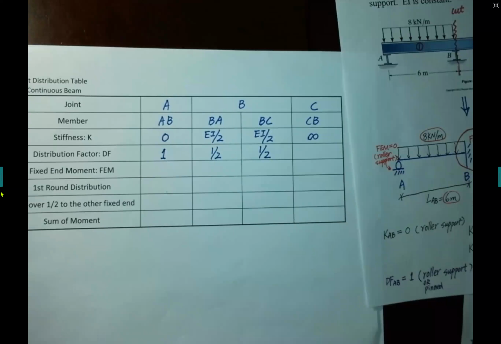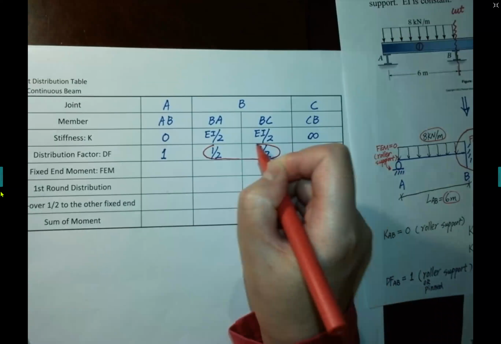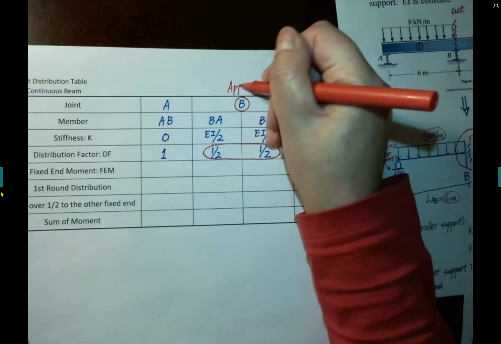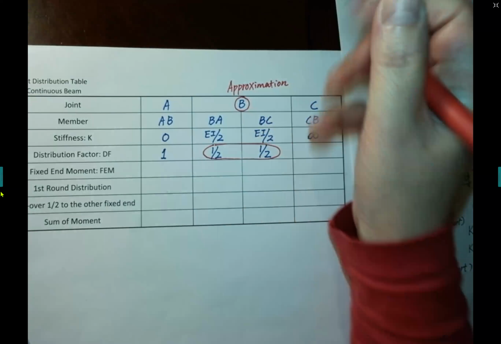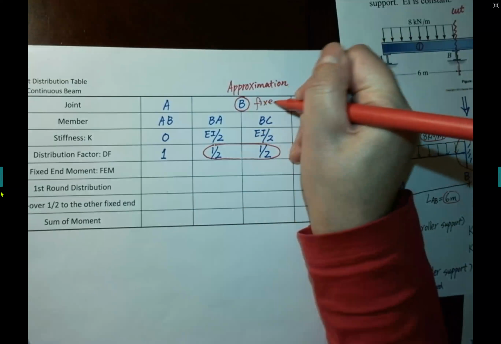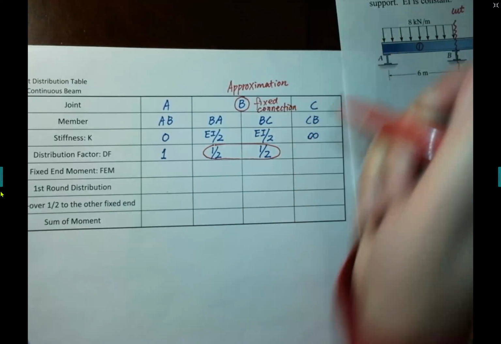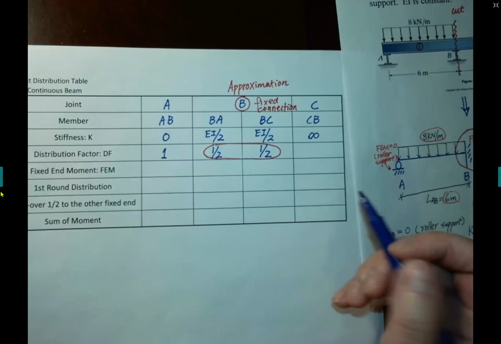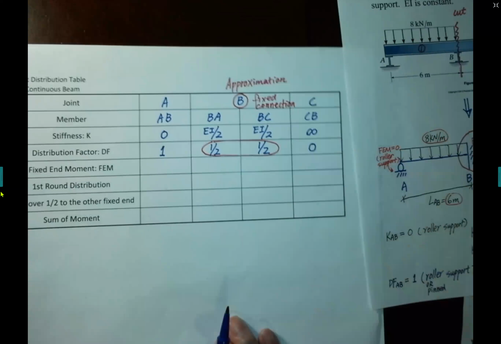You can calculate the sum of the distribution factors at one joint, here the joint B, the fixed connection. The sum should be 1 because it's a relative stiffness. Then move to C, the fixed support, so it's 0.